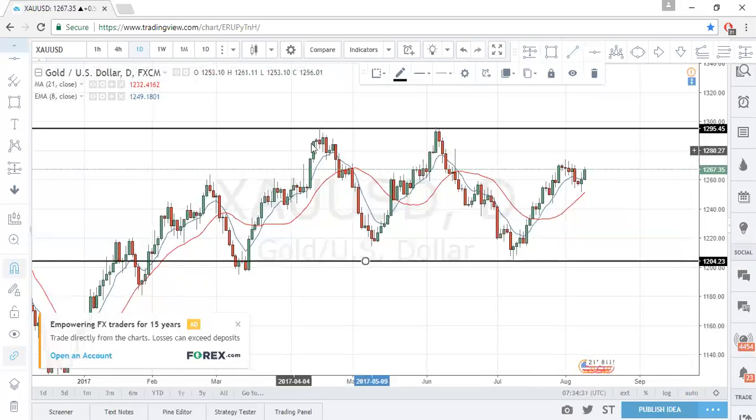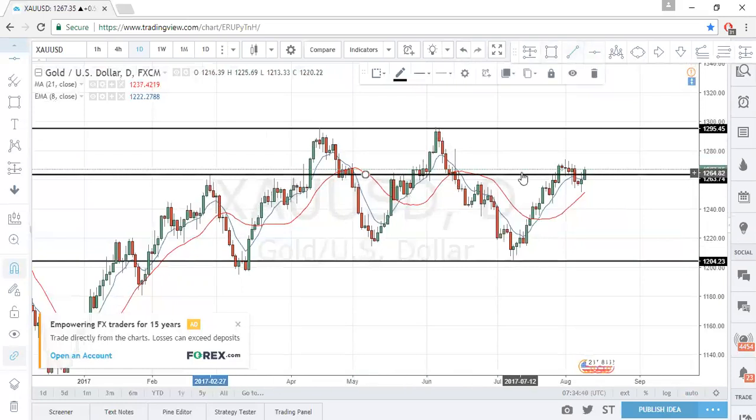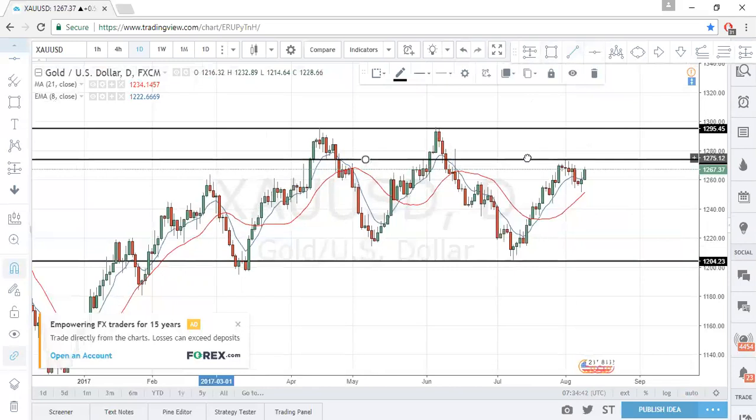Just ranging. Okay, let's put another line here. In fact, let me just put it here. Now we can see the market has been ranging. With the market ranging, do you see any trend line, any channel?